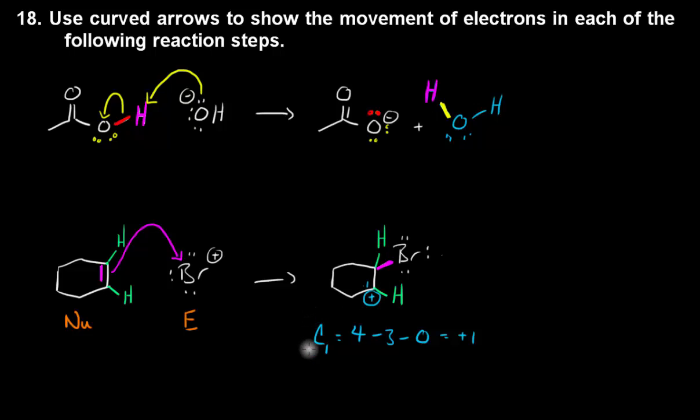And it's really important to be able to recognize when something shifts from being neutral to being positive. It's a really easy thing to make sure that you get right, but it's also a really easy thing to get wrong. So again, it's very, very important to make sure that you are rigorous in keeping track of what's charged and how many charges you have, because these tiny things are going to mess you up later on. Okay. All right, next question.